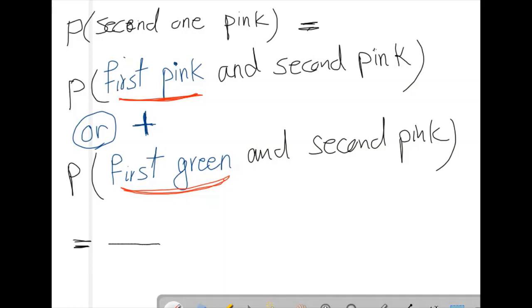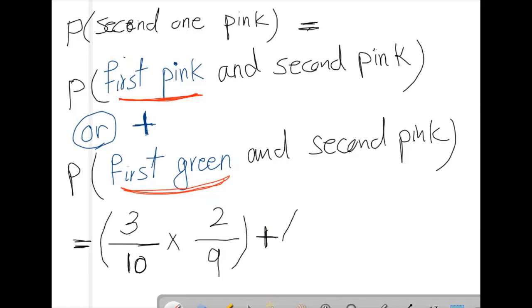So in first try we have 10 candies in total and 3 pink. Second one is pink. In the second try, because we put one pink candy to the side, we have 2 pink candies and in total 9.